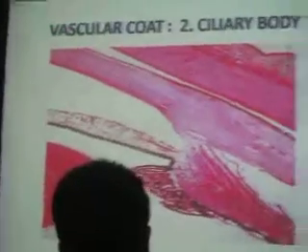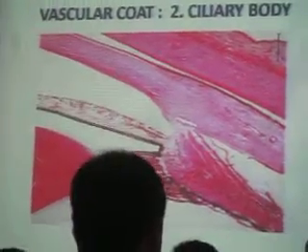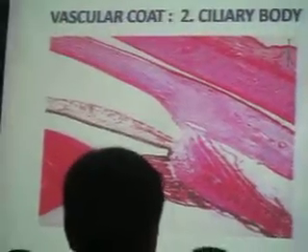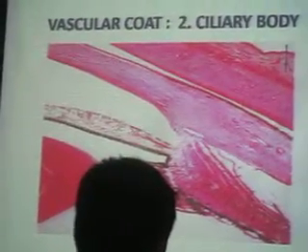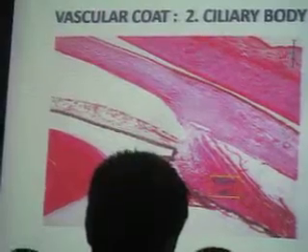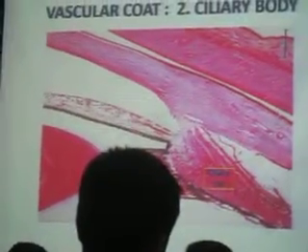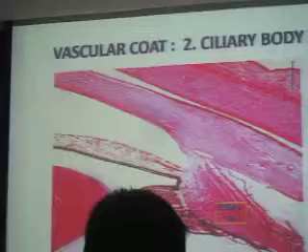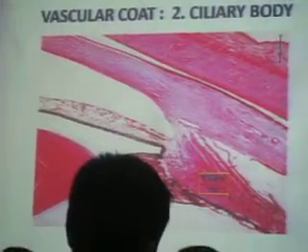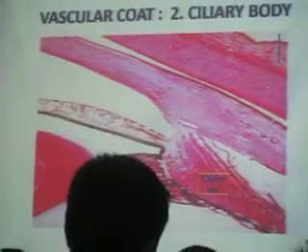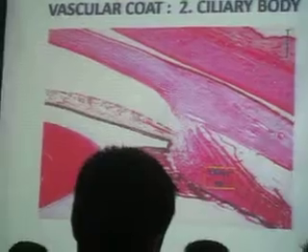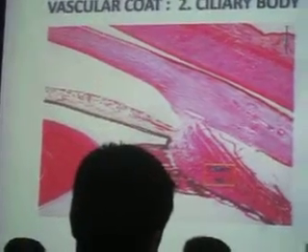Okay. So the second component of your vascular coat or your uveal tract, you have your ciliary body, which is composed of, the main part of your ciliary body is formed by your ciliary muscle. Okay? It is a smooth muscle. Okay? So it is by autonomic innervation. Okay? So aside from the main ciliary muscles, you have finger-like projections from the main body, which are your ciliary processes.